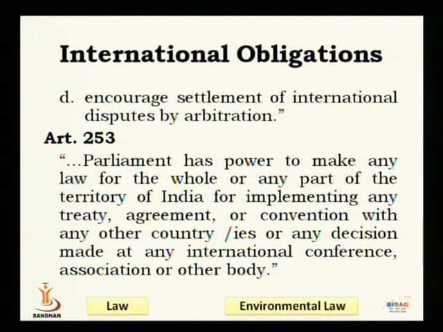But if a subject of the state list is discussed in any international treaty, agreement or convention with another country or state, though the subject falls within the state list, Parliament can enact law for the enforcement of the decision taken in that treaty, agreement or convention.